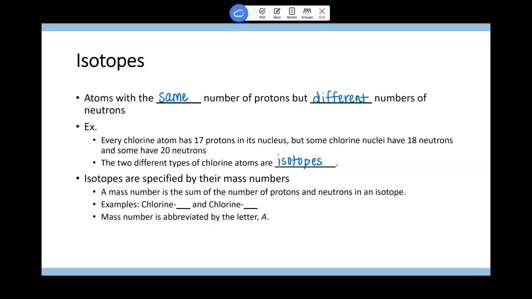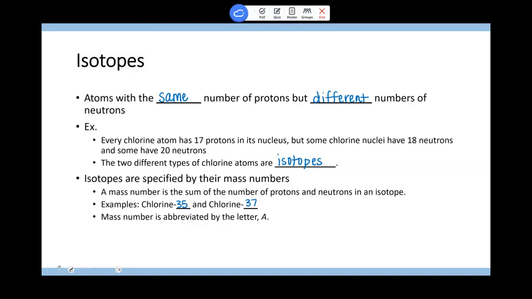That isotope is chlorine 35, where we add 17 protons plus 18 neutrons to get the mass number for chlorine. That's how we identify that isotope. The other isotope with 20 neutrons is chlorine 37. You will see mass number abbreviated by the letter A.